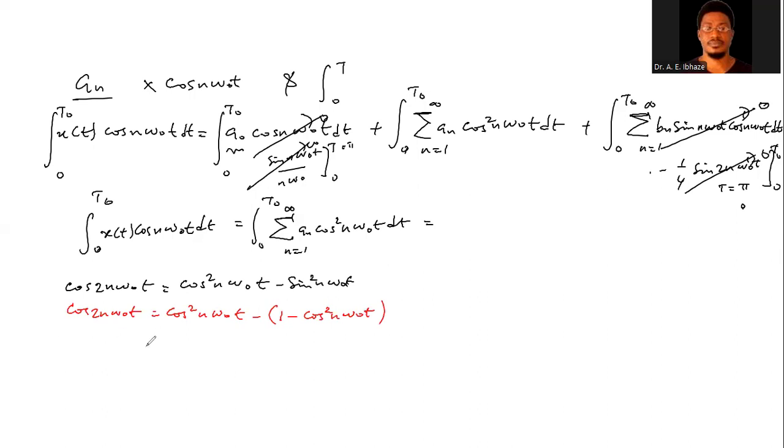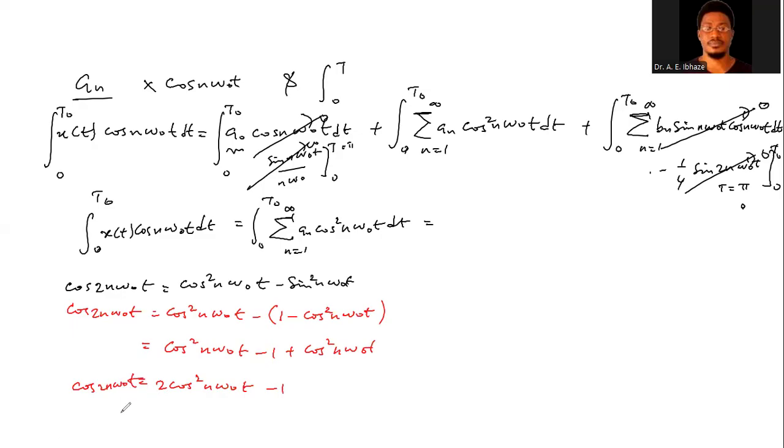So once we open this up, this will give us cos squared n omega naught t minus 1 plus cos squared n omega naught t. So this is going to give us 2 cos squared n omega naught t minus 1. Okay? And this is cos 2n omega naught t.